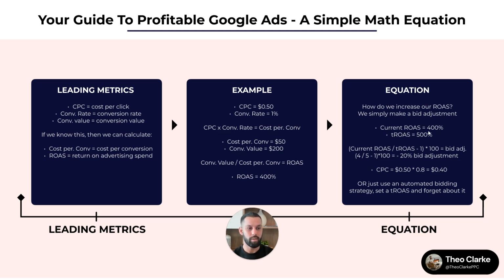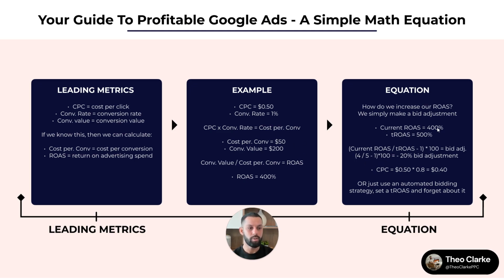Again, a simple maths equation. We take our current return on ad spend, which is 400%, and we divide it by our target ROAS minus 1, and then times by 100. That's going to give us our bid adjustment as a percentage. So what would that look like if we used the numbers from our example?